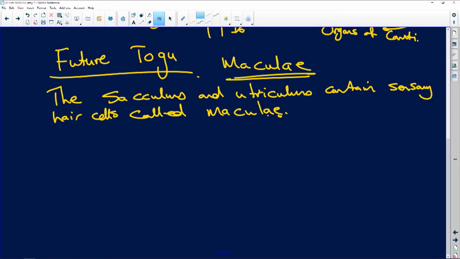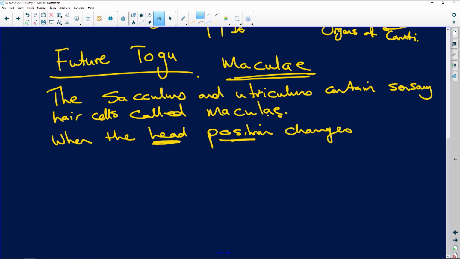So the macula, their job is to check when the head position changes. So it's your head position changing, okay?